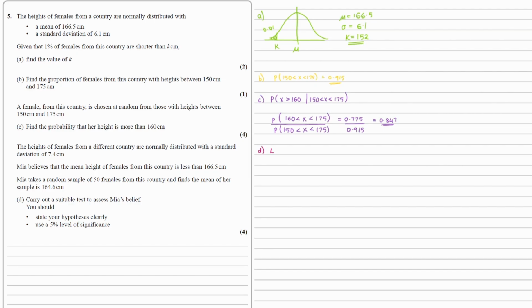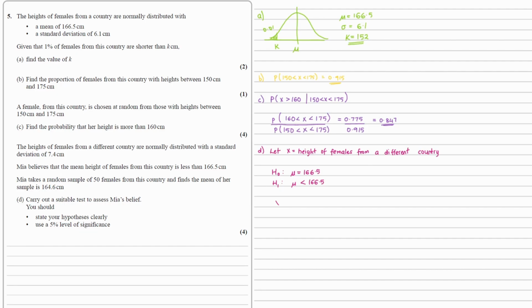So for part D, we can first start by saying, let x be equal to the height of the females from the different country. We can then set our null hypothesis as mu being equal to 166.5, which is what it was. And we can set the alternative hypothesis as mu being less than 166.5, which is what Mia's belief is.